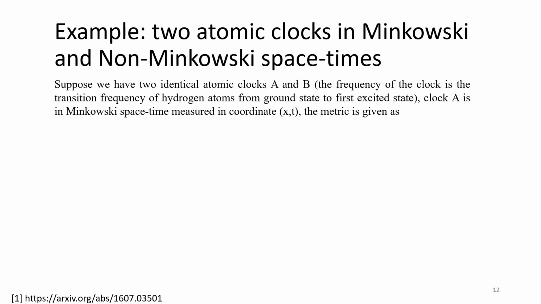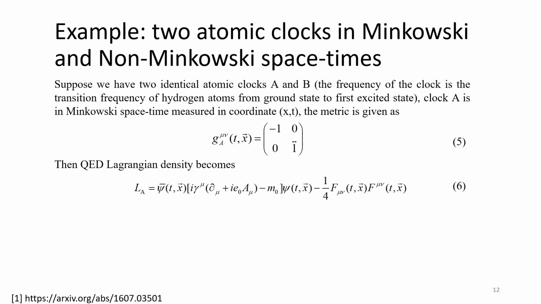Suppose we have two identical atomic clocks A and B. Clock A is in Minkowski spacetime, measured in coordinate xt. The metric is given as this. The QED Lagrangian density becomes this. So you can say this is the normal derivative.